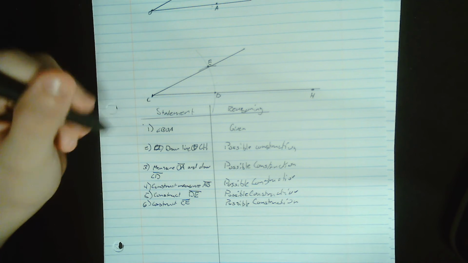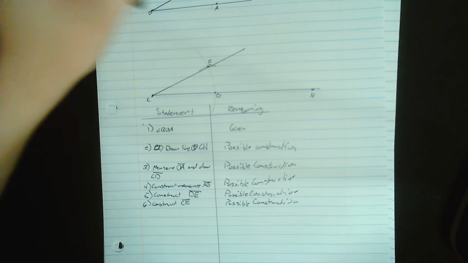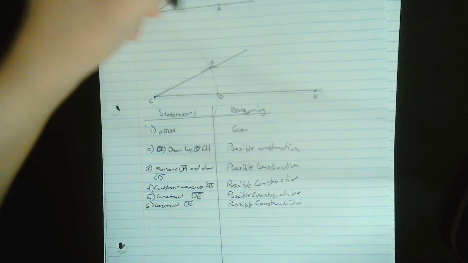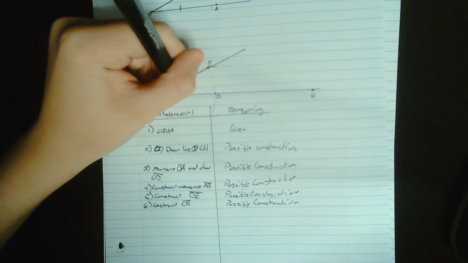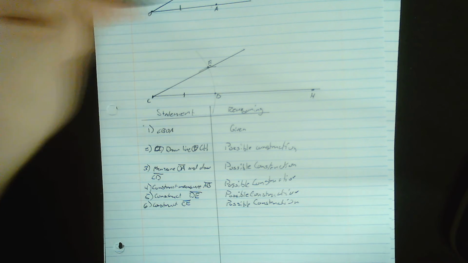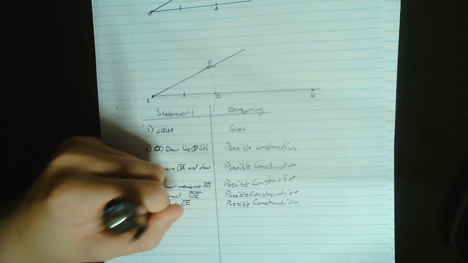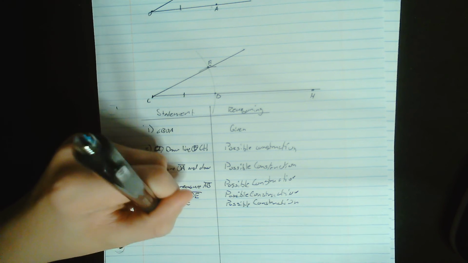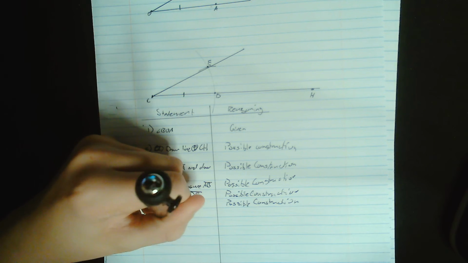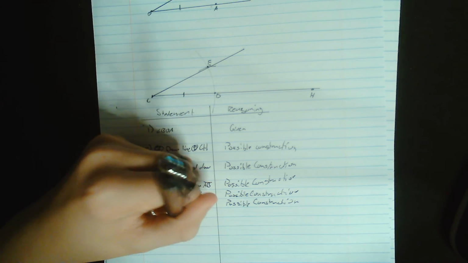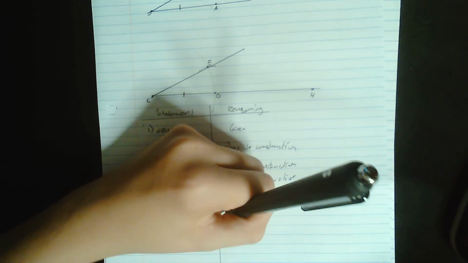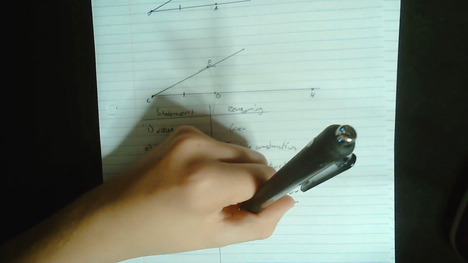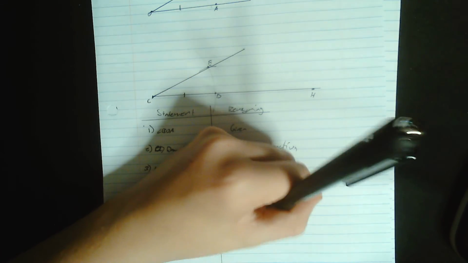In step 3, when we measured line segment OA and drew CD, we knew that they're the same measurement. So these side lengths between CD and OA are the same. So we can write that line segment OA is congruent to line segment CD by inspection of step number 3.